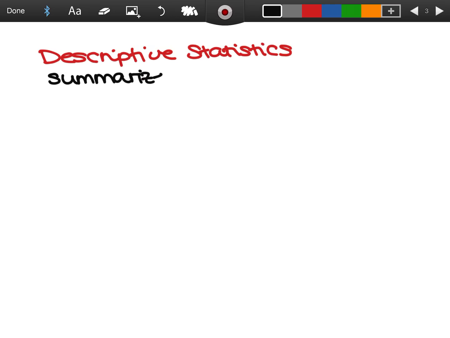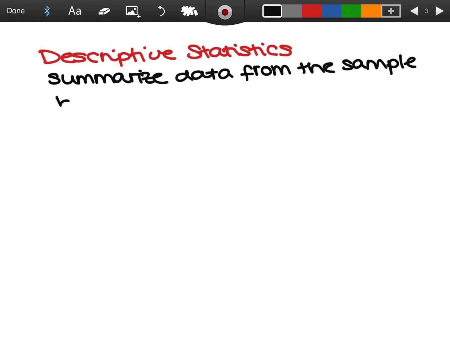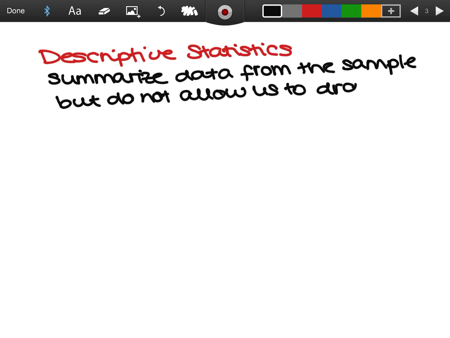So sample statistics are facts about a sample. A big thing to remember here: whenever you see sample, a fact about a sample is a statistic, and a fact about a population is a parameter. So statistics go with samples, parameters go with populations. Always remember it's that way around.